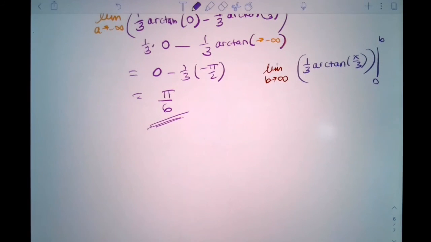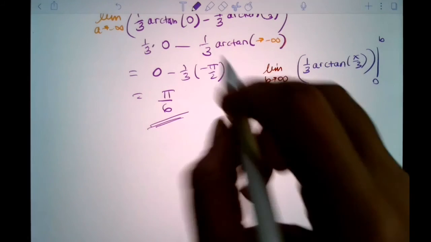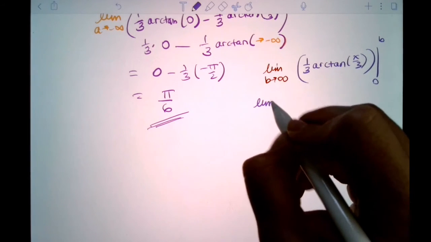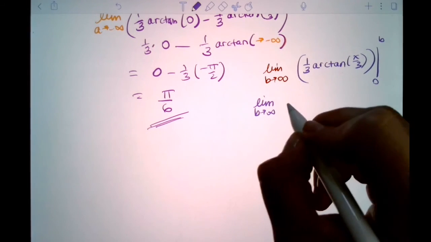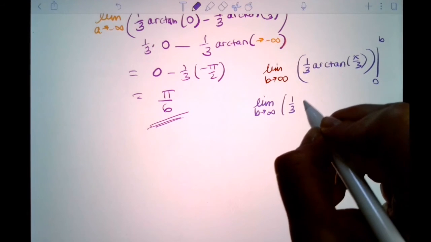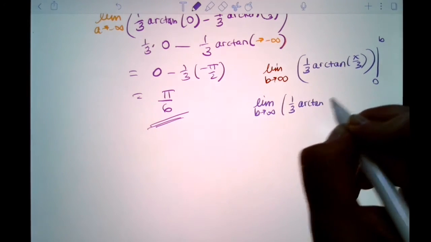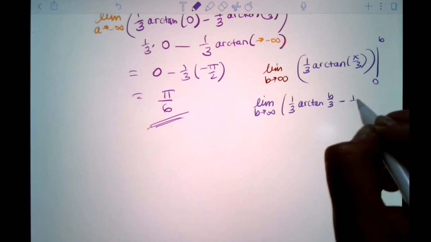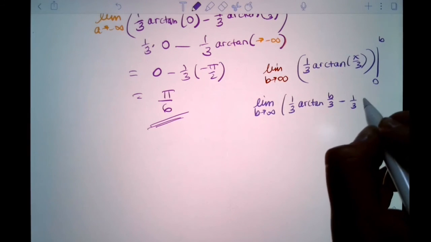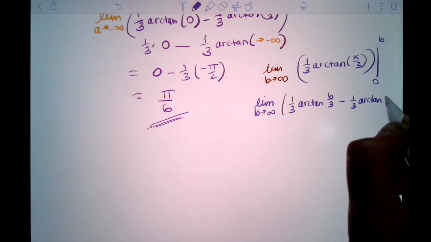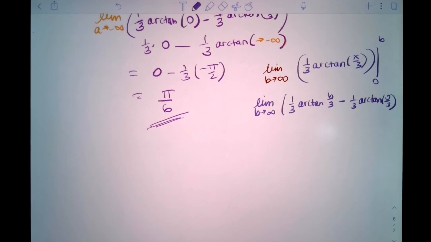Now let's do it. Now remember, eventually this is going to turn into a limit problem. What do I have? I'm replacing anywhere there's an x with a b, and then anywhere there is an x, I'm replacing it with a 0.